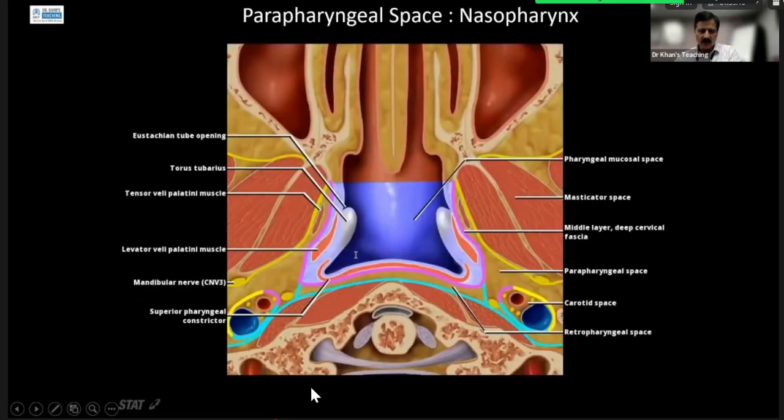Now if you see here, this is the nasopharynx, and anteriorly this will be the nasal cavity. So this is the torus tubarius, which is the cartilaginous portion of the eustachian tube, which opens here. This fossa is known as fossa of Rosenmuller, and you can see the pharyngeal mucosal space sitting here.